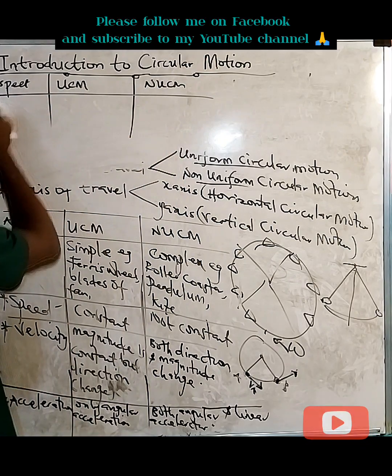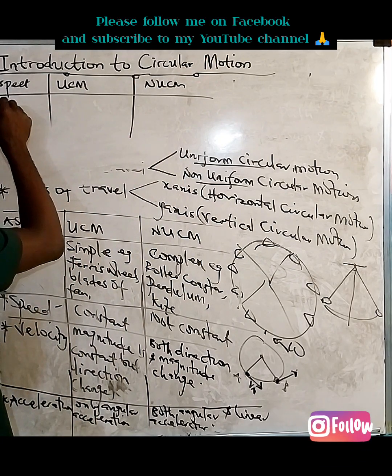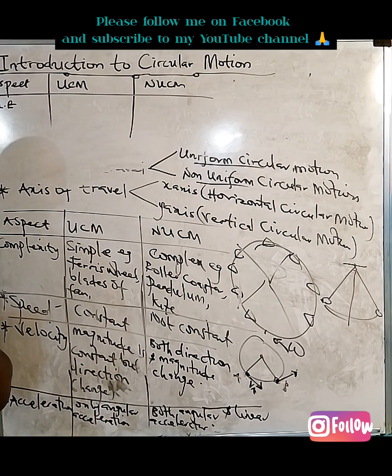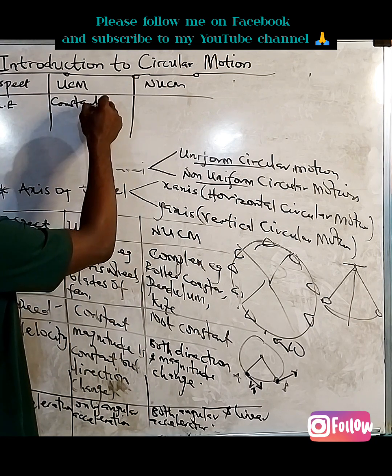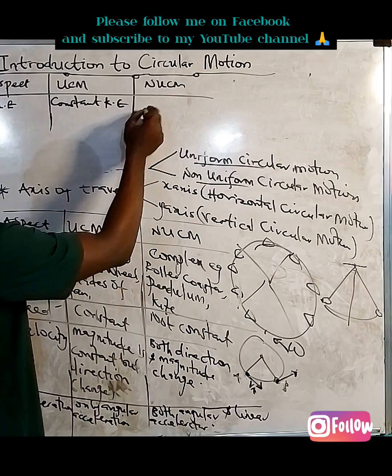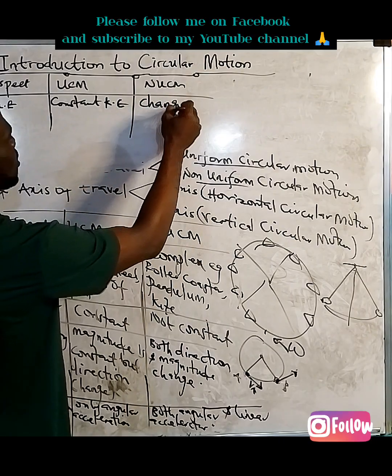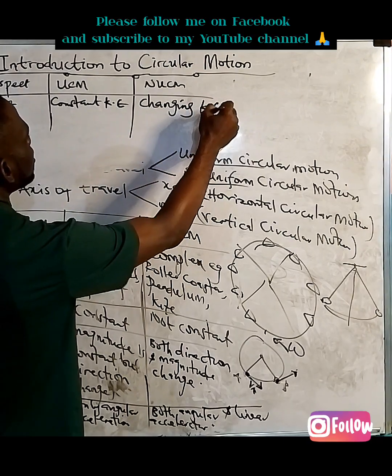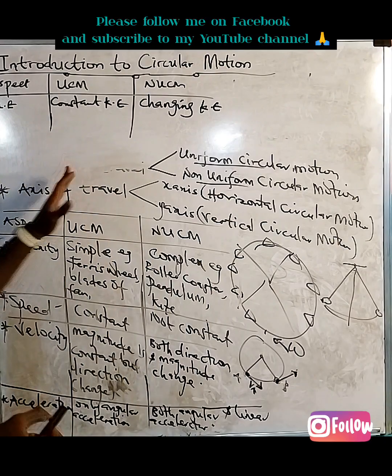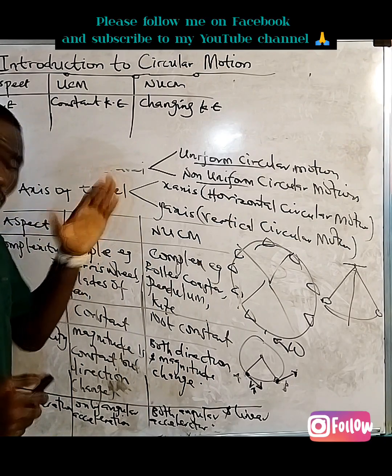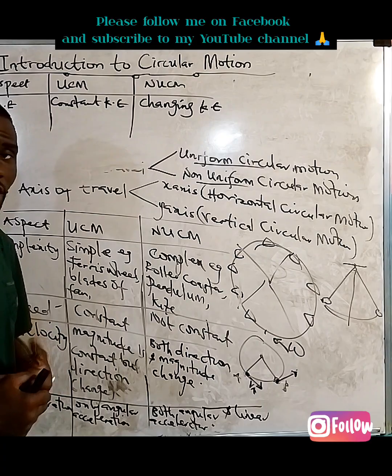Here, on kinetic energy, that's KE, due to the fact that we have a constant speed here, it means you have a constant kinetic energy. Right here we have a changing kinetic energy. So we have a couple more differences between them. We're stopping here for uniform circular motion and non-uniform circular motion.